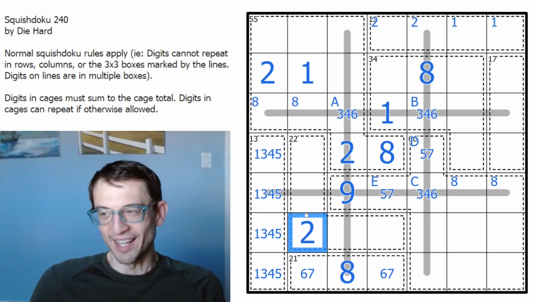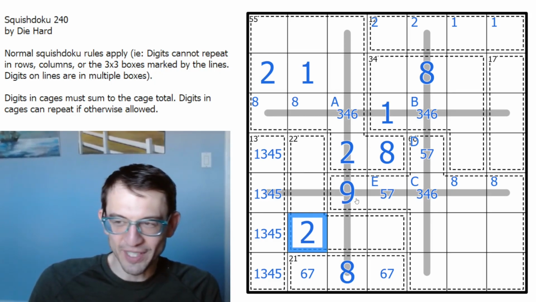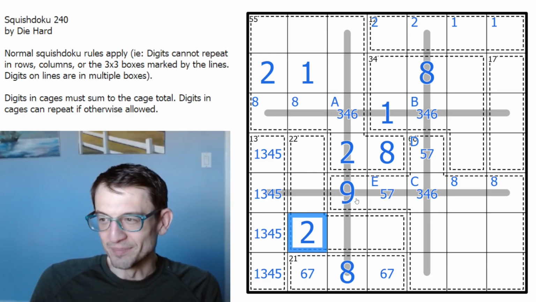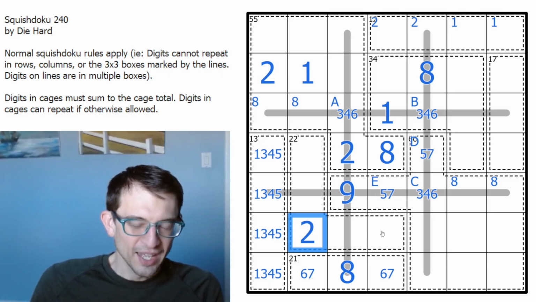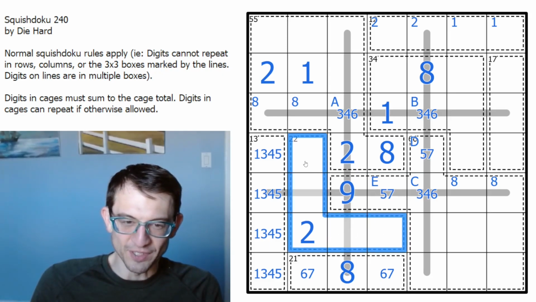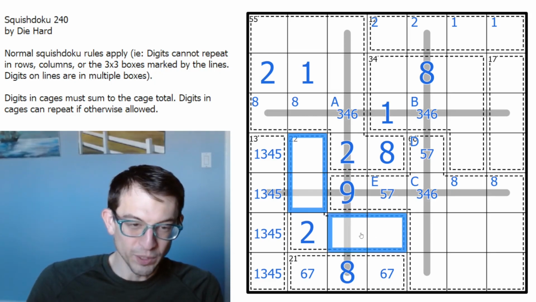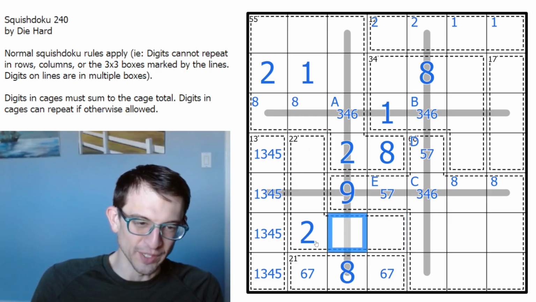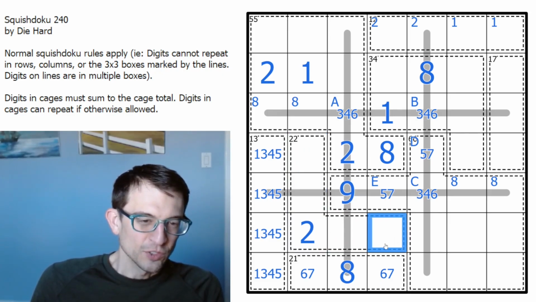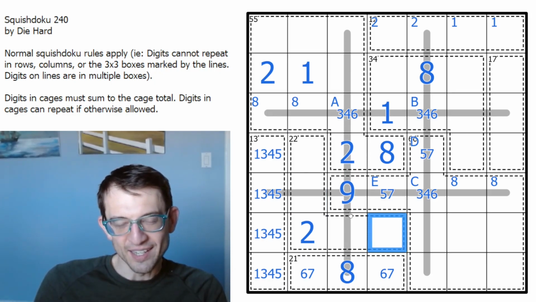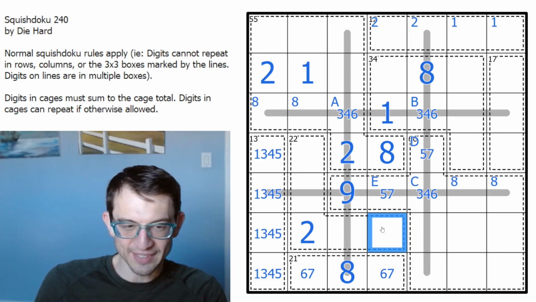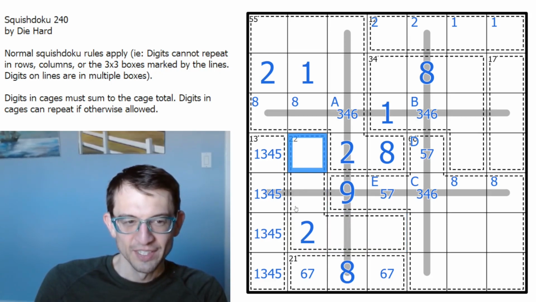And now, I don't know if this is the most efficient way to do it. It's kind of complicated. But I think the next step you have to do here, or at least the place to find the most progress, is to think about this 22 cage and how I can do it. So this cage is actually fairly restricted in the sense that it's hard to make this cage large enough to fill a 22, right?